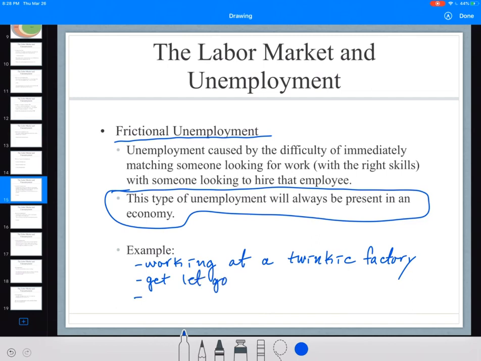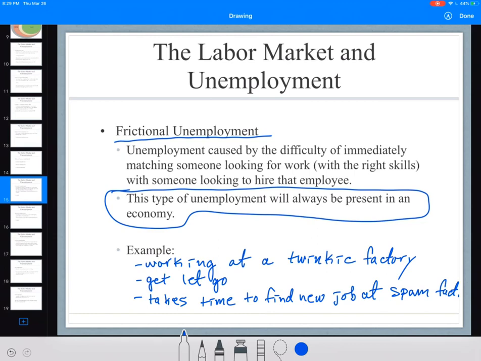All right. Well, it's going to take time to find a new job at a Spam factory. Okay, so that's what frictional unemployment is. The unemployment that comes about, it's usually a short period, and it's basically when people are in between jobs. They are looking for work, and it just takes time for an employer to find them.